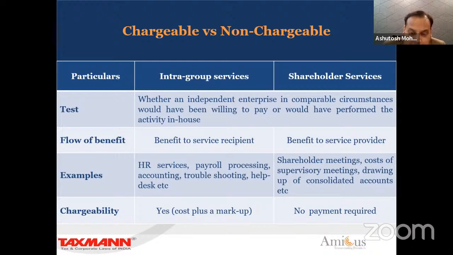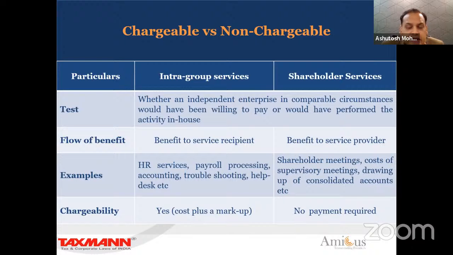For example, if the parent is rendering services to the subsidiary in the form of shareholder meetings or supervisory meetings, or it is drawing up the consolidated accounts, the reason why the parent is undertaking these services for its subsidiary is for its own benefit. These are termed as shareholder services.